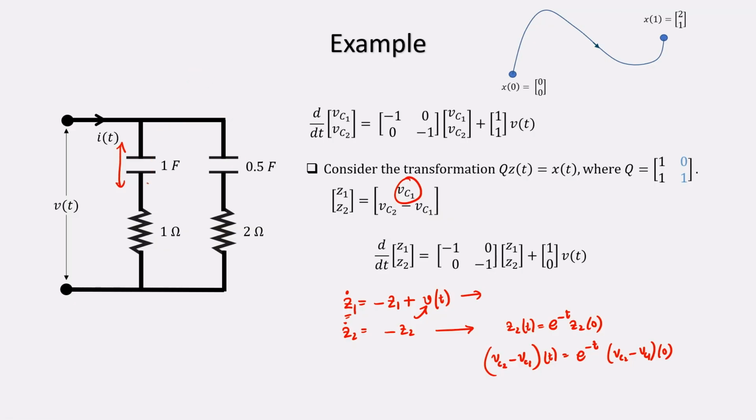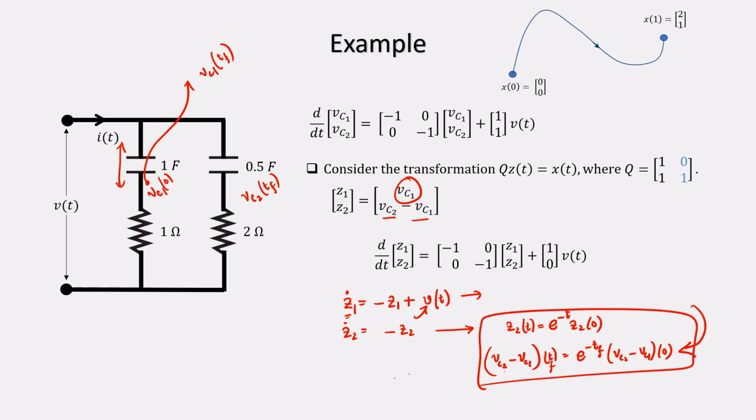However, once I go from Vc1 at 0 to Vc1 at Tf, Vc2 at Tf will get fixed, because Vc2 minus Vc1 at Tf is governed by this equation: it is equal to e to the power of minus Tf times Vc2 minus Vc1 at 0, and this will get fixed.